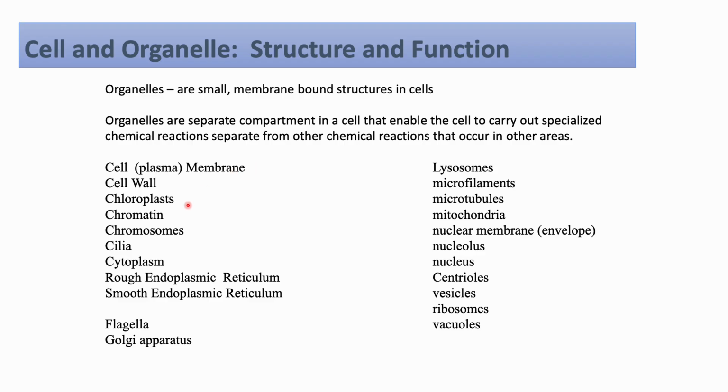Cell wall, chloroplast, chromatin, chromosomes, cilia, cytoplasm, rough endoplasmic reticulum, smooth endoplasmic reticulum, the flagella, the Golgi apparatus, also known as Golgi body, lysosomes, microfilaments, microtubules, mitochondria, nuclear membrane, sometimes known as nuclear envelope, nucleolus, nucleus, centrioles, vesicles, ribosomes, and vacuoles.